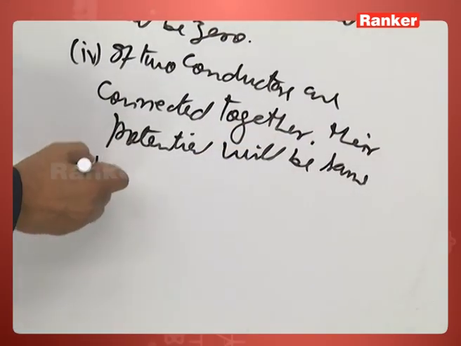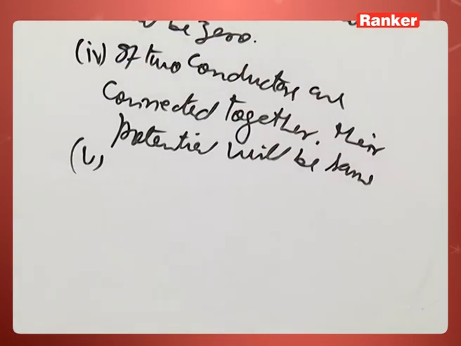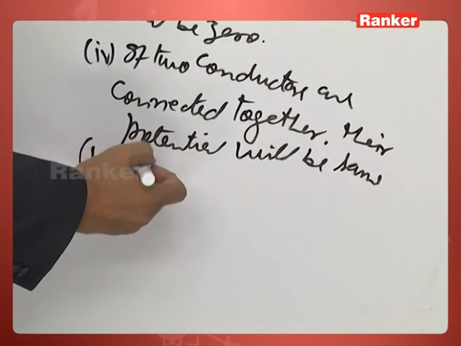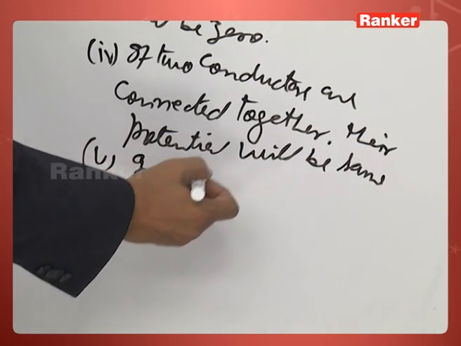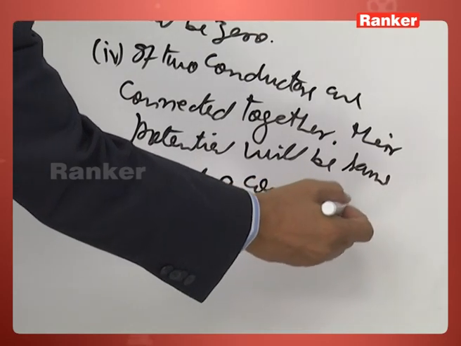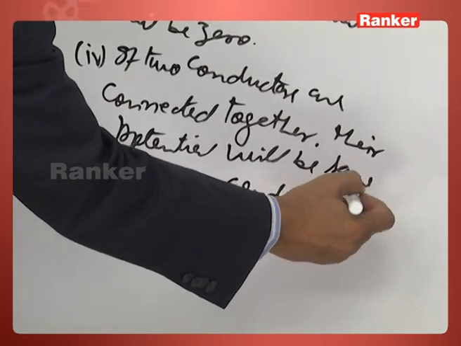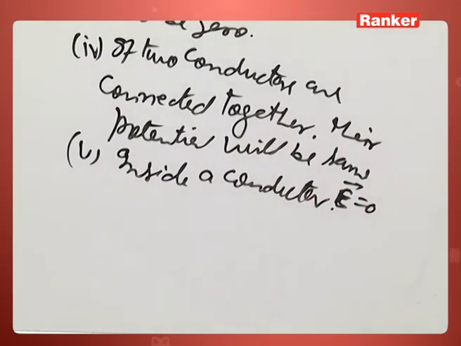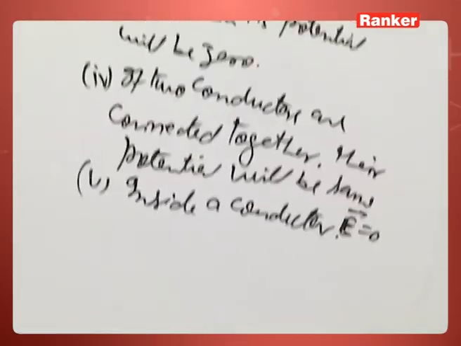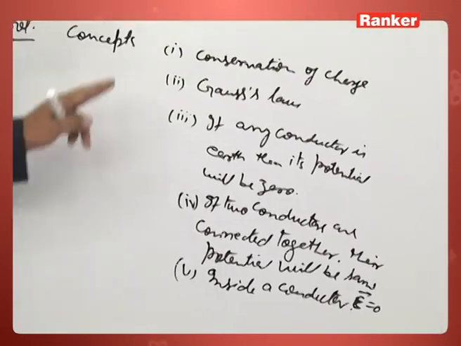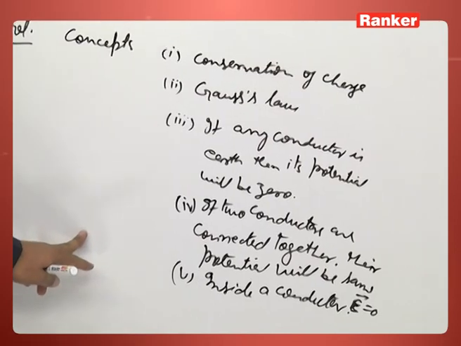And fifth point we can say, inside a conductor electric field is always 0. So these are the 4-5 points which we have to keep in our mind, and if we are following all these points, so we can get the answer.